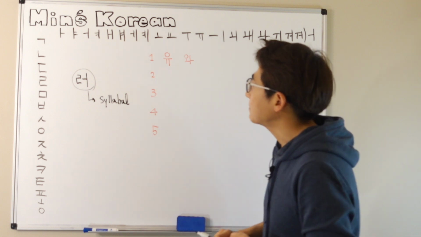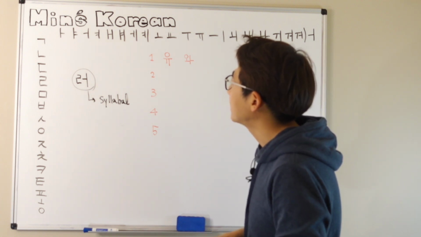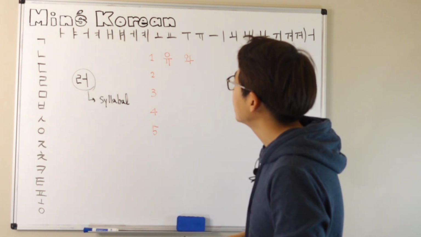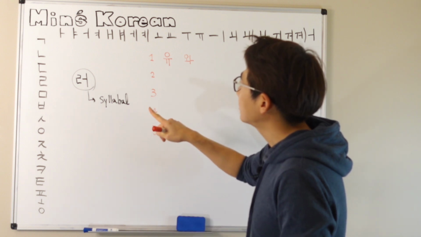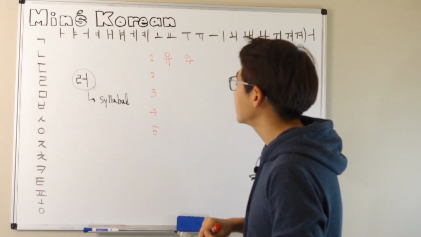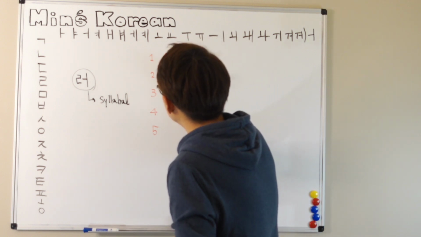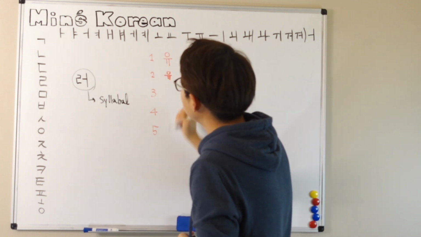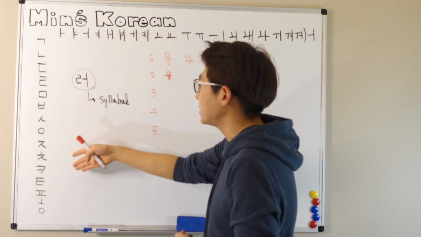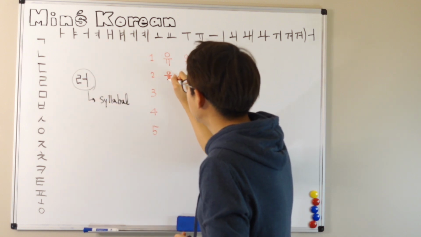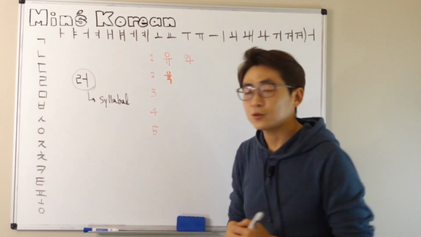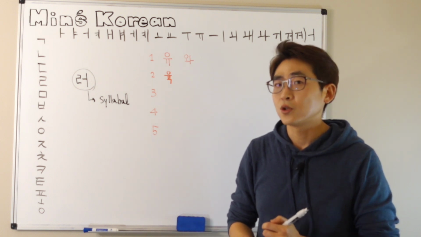The next type of Korean letter combination is the vowel sound followed by a consonant ending, which means we can write a vowel and then give it any one of these endings.